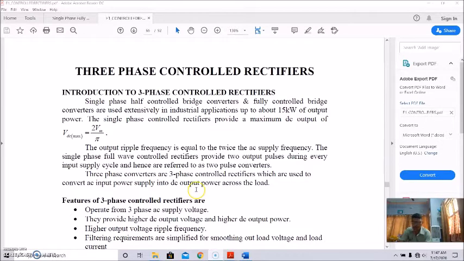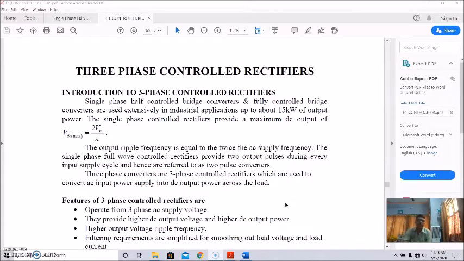Full-wave bridge rectifiers are again subdivided into half control and full control. Full control is again subdivided into 6 pulse and 12 pulse, that is 6 pulse means 3-phase fully controlled bridge converter, and 12 pulse means 6-phase full wave controlled bridge converter. So actually this is the classification or division of 3-phase control rectifiers.